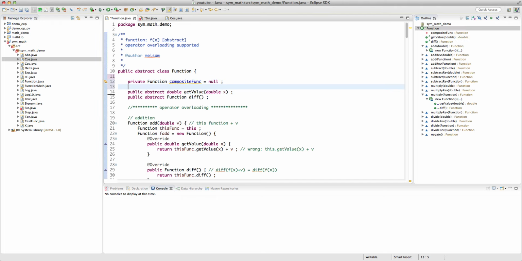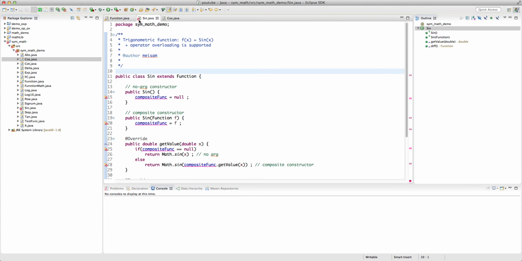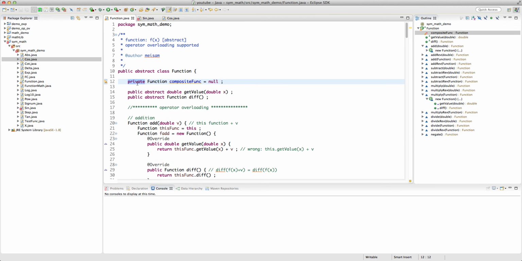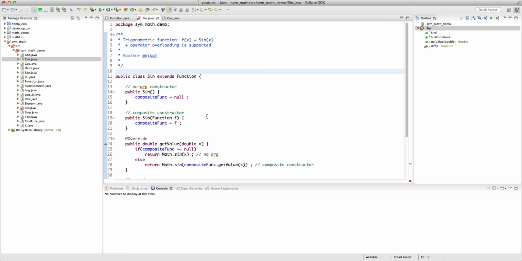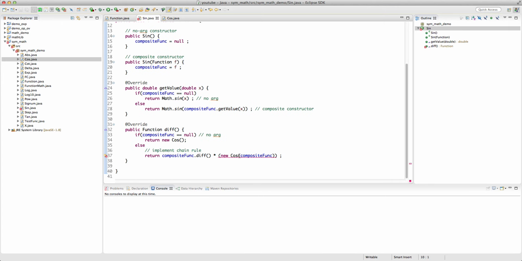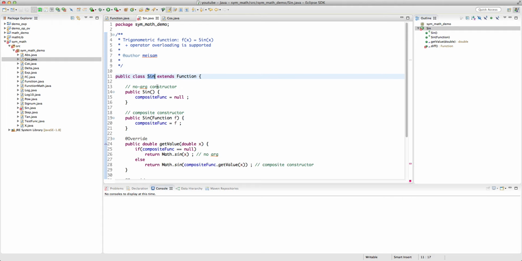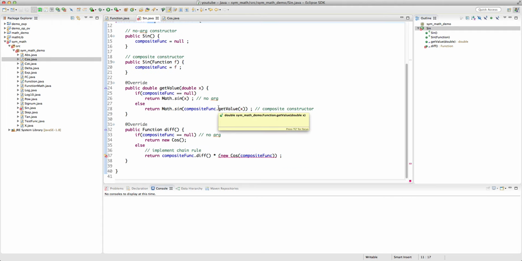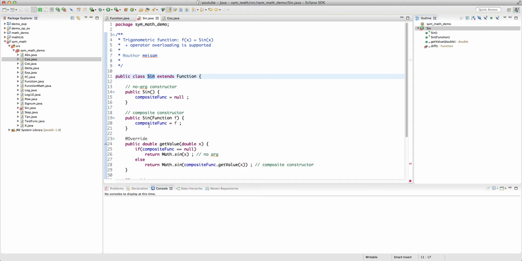Instead of having it private, which is still complaining because the private field is not visible, I have to make it protected. So we have this protected field composite function. In theory I could implement the composition here in this abstract class, but it's better to let the subclasses, which are specific concrete functions, implement the composite constructor.